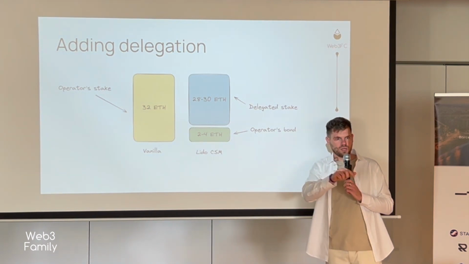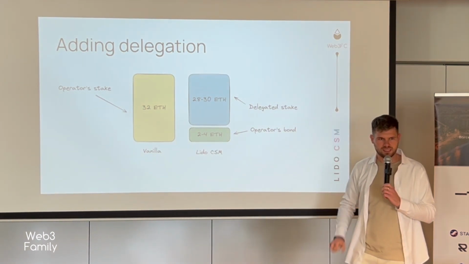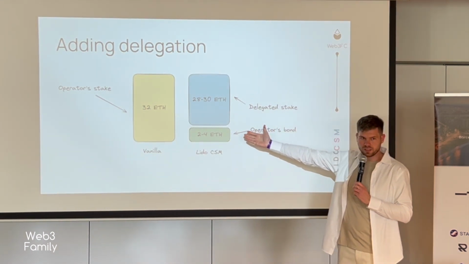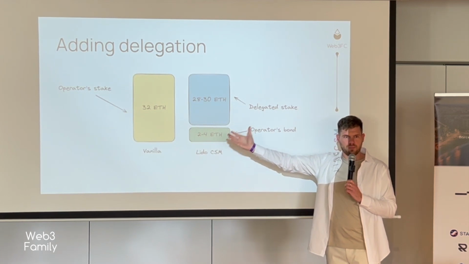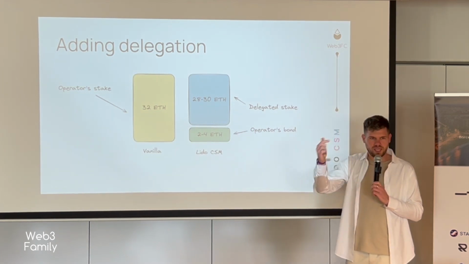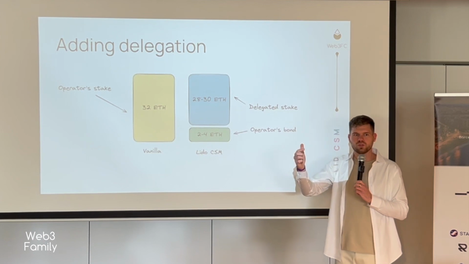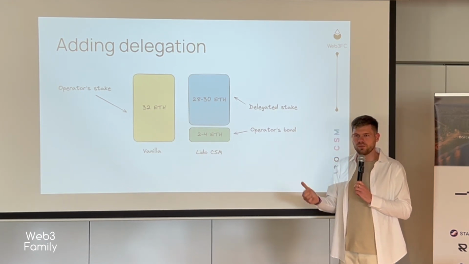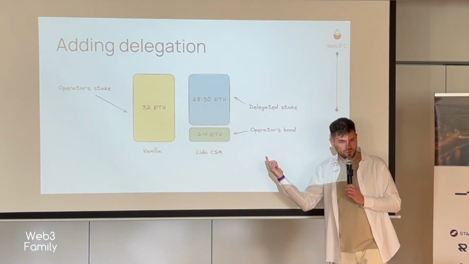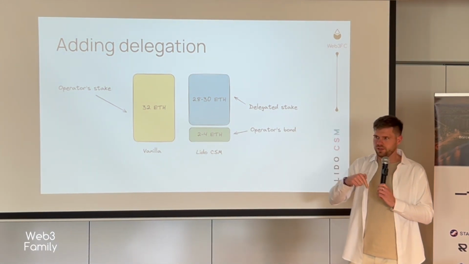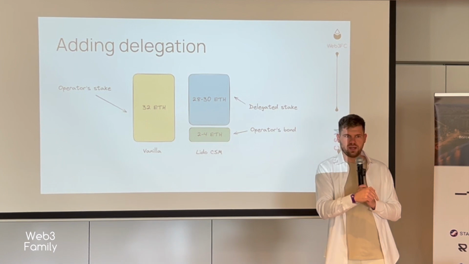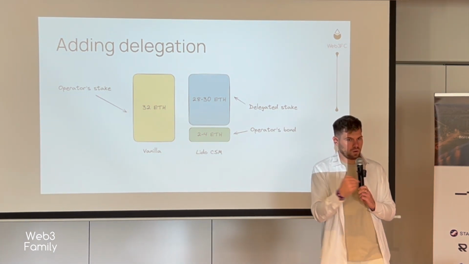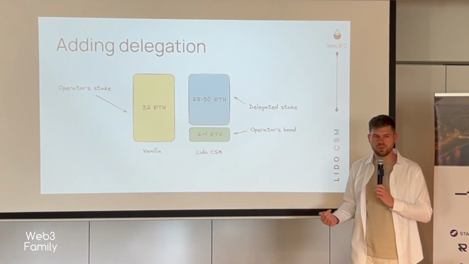So yes, you are losing this cool feature of stETH liquidity because your bond is locked as a security collateral now. But the returns, or the APR, will be up to 2 times or even more higher. So why would you go for it? Either if you are looking for a higher APR, or if you are looking for a contribution.